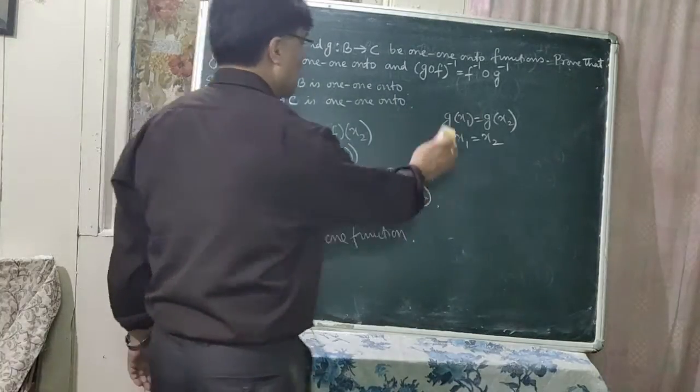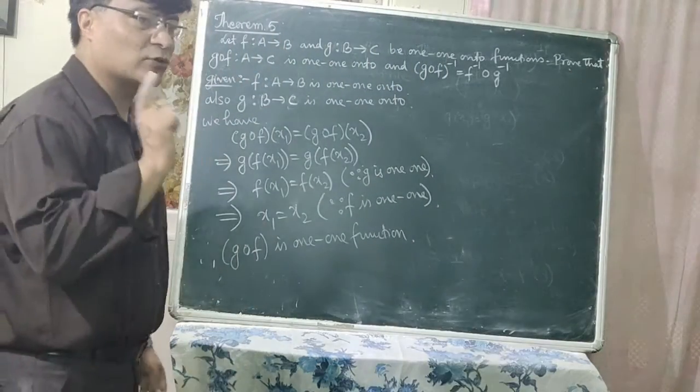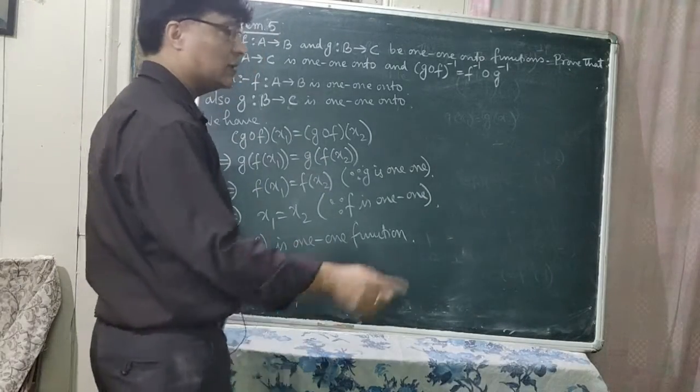Okay. Now we have to prove that g∘f is an onto function. You have to prove that g∘f is what? Onto function. Okay.